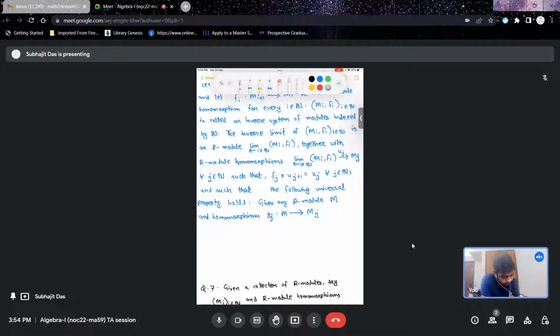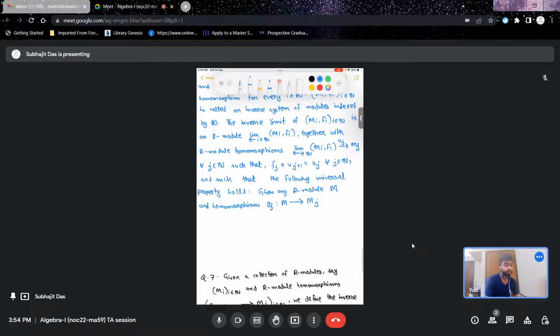What I mean by this is that you have this limit object and arrows to the modules Mj, such that each small triangle commutes, as I have said. This limit object together with these arrows is universal among all such objects together with arrows into the various Mj, such that all the small triangles commute.